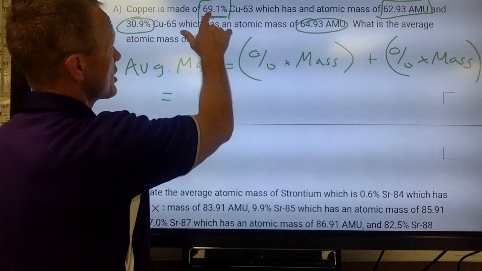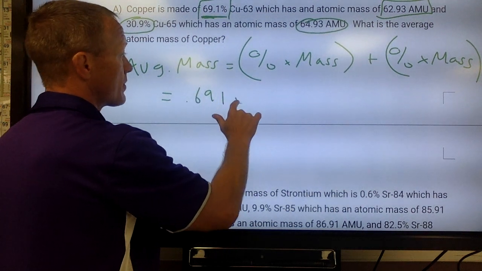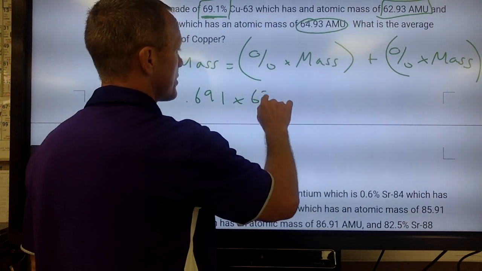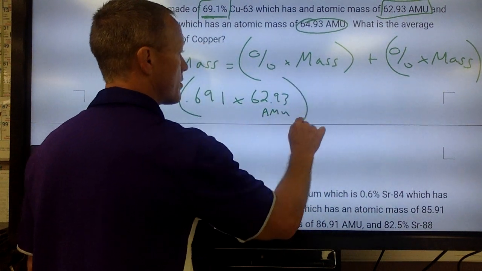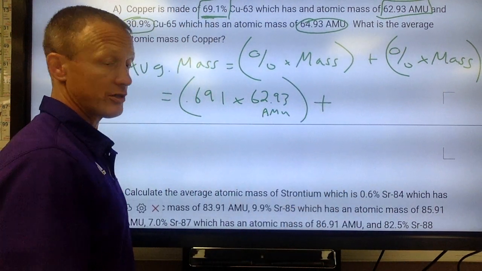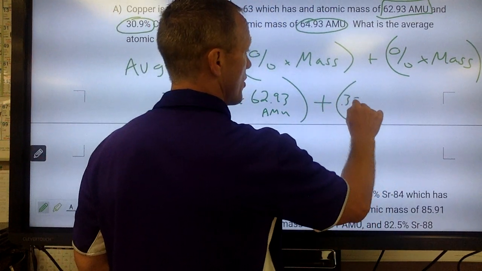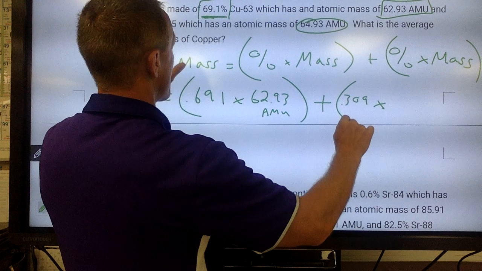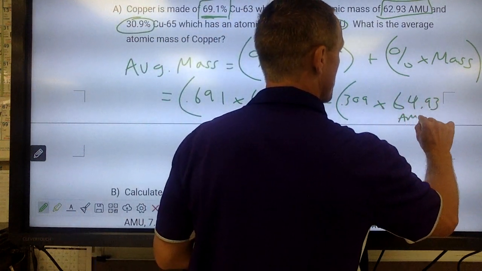So if we do this, take this percent, which we just make 0.691, times 62.93 AMUs, plus, you can just type this right in your calculator, this percent, 0.309, times 64.93 AMUs.